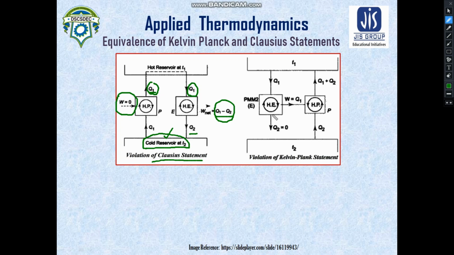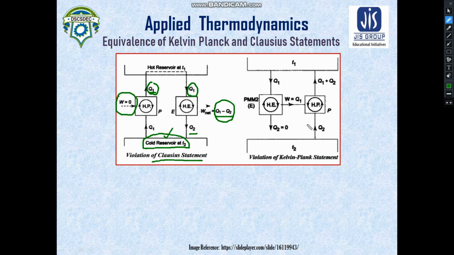So here you can see the opposite. That means you can see a heat engine which is violating the Kelvin Planck statement. That means it is clearly visible that it is only interacting with the source and there is no heat rejection. So obviously it is a violation of Kelvin Planck statement.